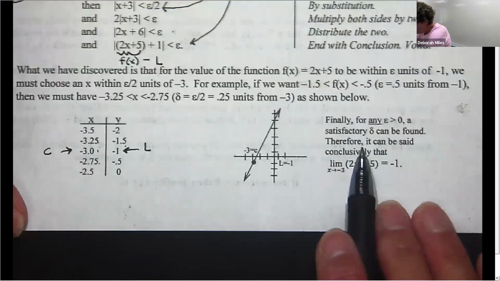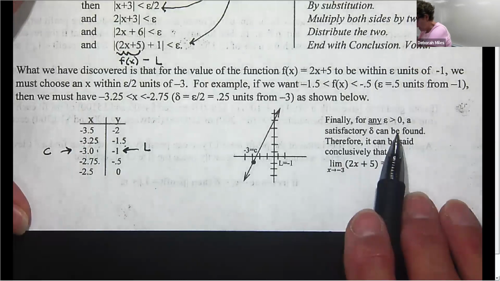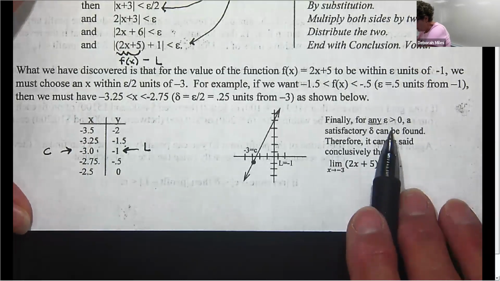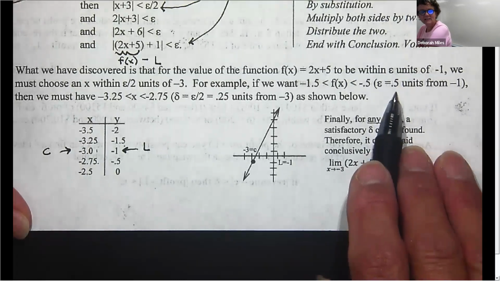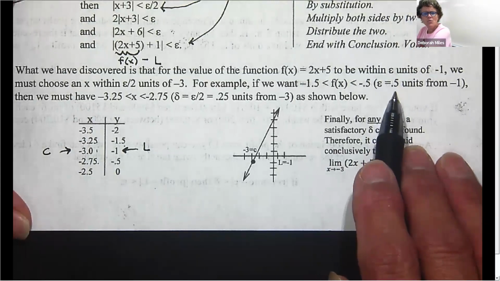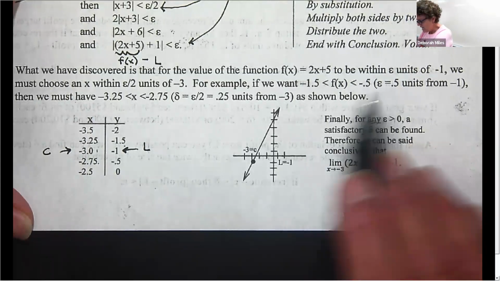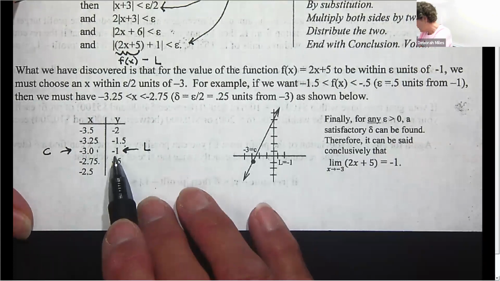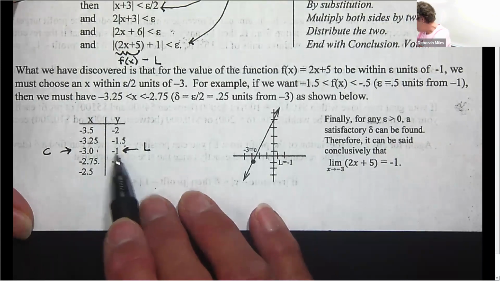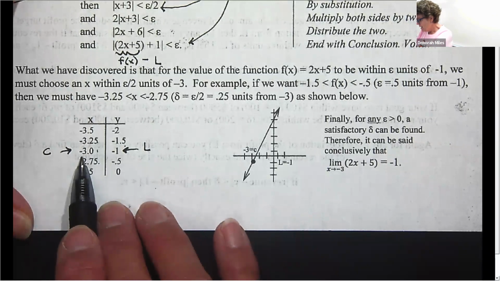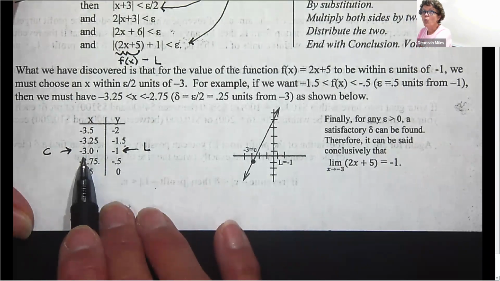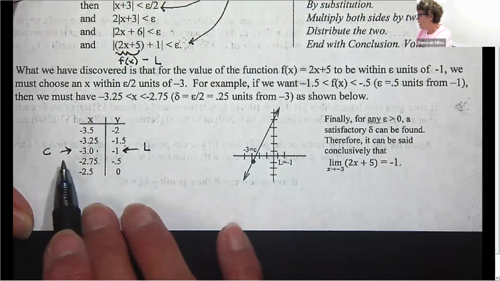And you can see that on the graph for any epsilon greater than 0. It doesn't have to be a half. I could say I want my y to be within 1/100th of -1. Then my x would have to be 1/50th a unit from -3.